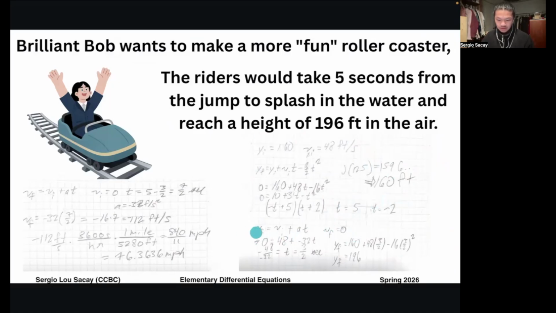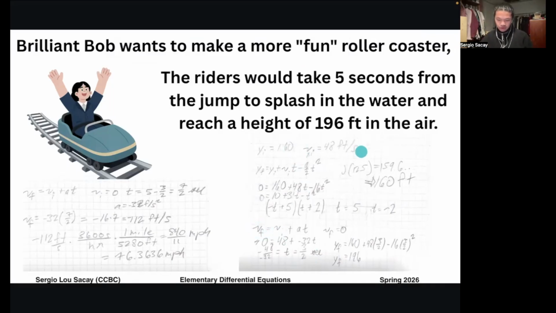So then we can use the velocity equation, Vf equals V initial plus AT, to find when the passengers reach the maximum height. Maximum height, if you're moving in a vertical direction, is the turning point. That's when your vertical velocity equals 0. So we set Vf equal to 0.